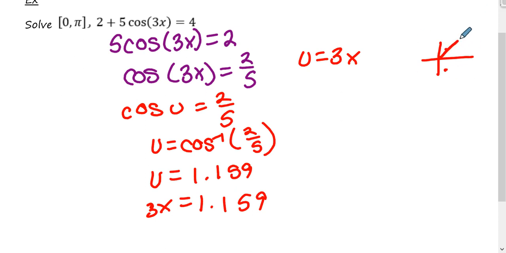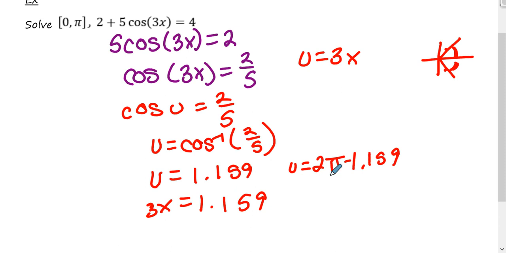So since this angle right here is 1.159, I know that this angle right here is also 1.159. So then I know my other value is going to be 2 pi minus that, because this is 2 pi, so it's short this much. So that's my other u value. That's my u value. Okay, it's not my x value.